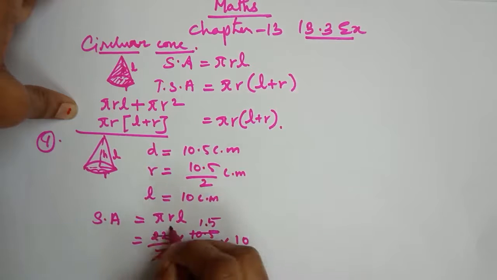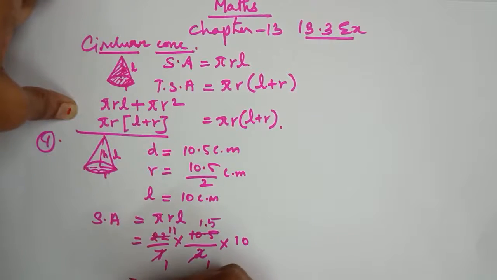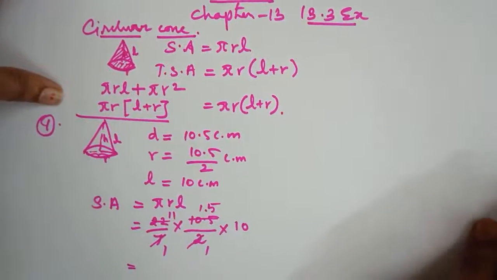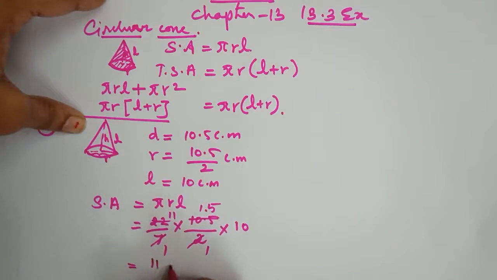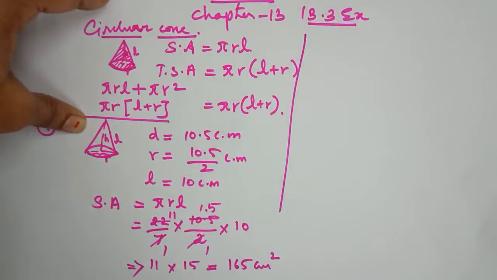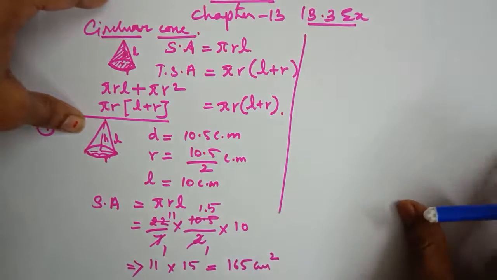Here 11. So 11 into 1.5 into 10, that is 15. So at last 11 into 15 is equal to 165 centimeter square. Answer is 165 centimeter square. Is it clear? Then second question.